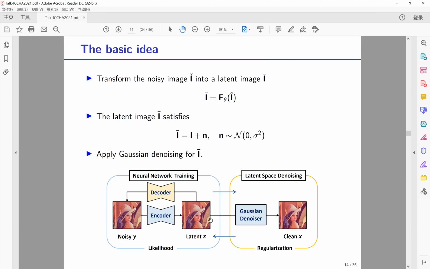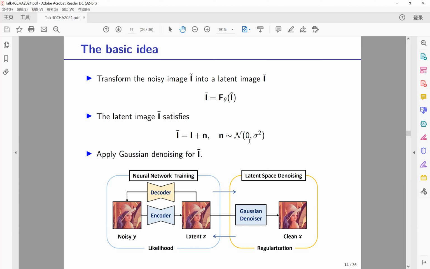And then I can apply the existing Gaussian denoiser to the latent image, so I can get the restored image. So the key component here is that if I can find a good map or a good neural network such that this assumption holds in latent space. This is our key motivation.